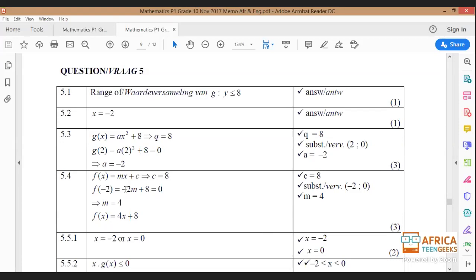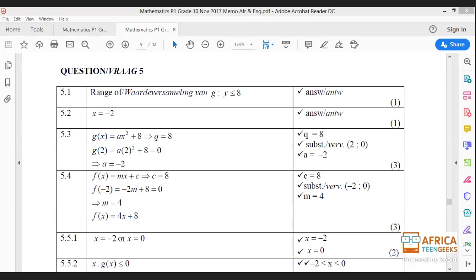Because the equation of g of x is actually negative 2x squared plus 8.